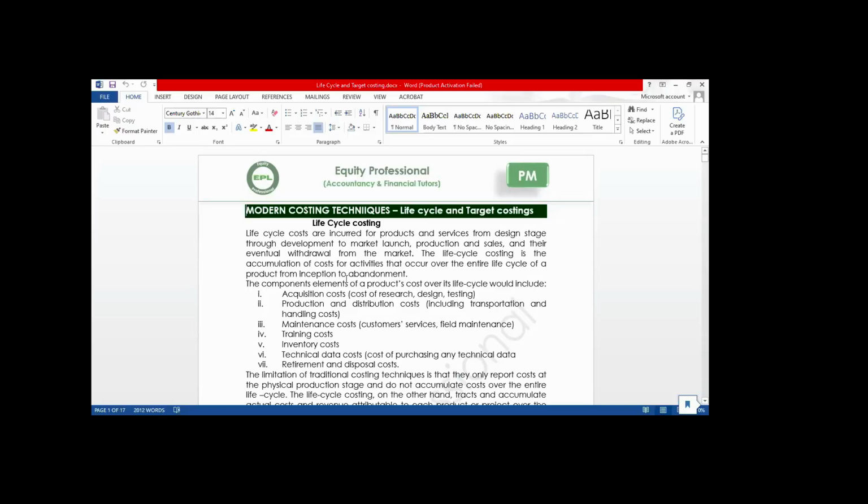We have explained the basis for modern costing system is to take care of modern manufacturing environment.